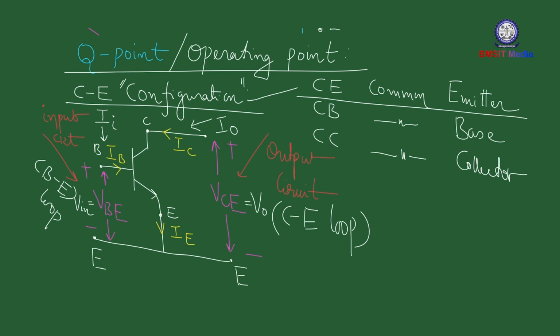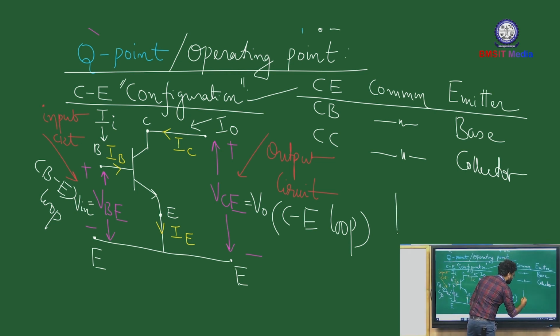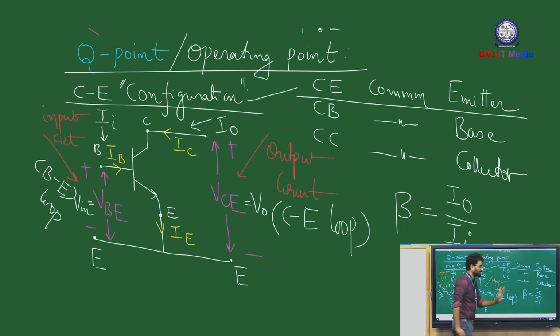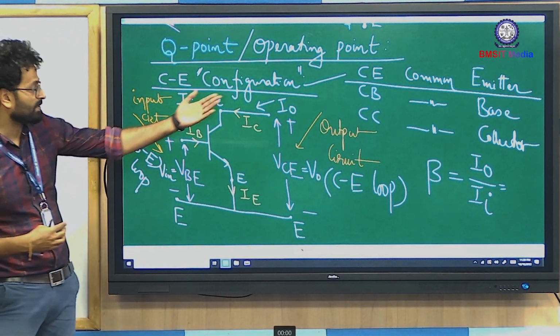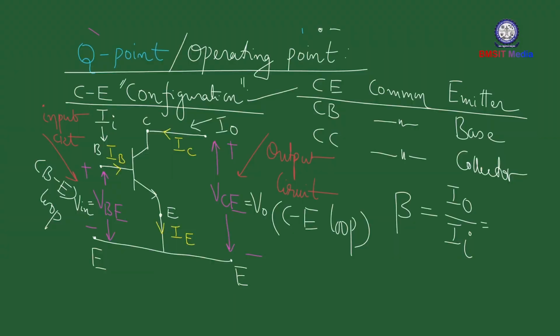Okay. Once you identify the input output voltages and input output currents, you'll be able to comment on something known as the gain. Over here, let us concentrate on DC gain, which is the DC current gain. For common emitter configuration, the current gain, which is the ratio of output current to input current, is considered as beta. And what is beta? Beta is equal to I naught by I I. So the definition remains the same, whether it is common emitter, common base, or common collector.